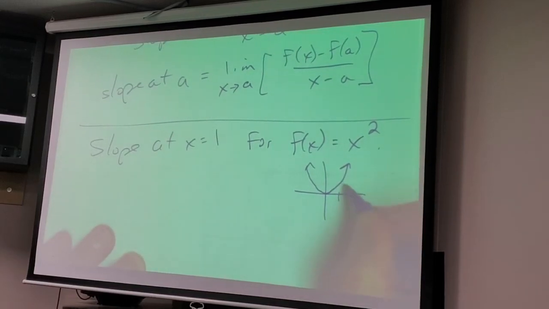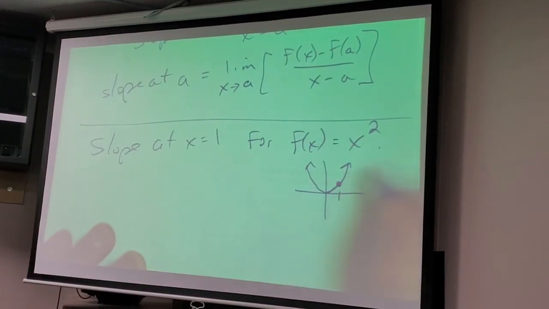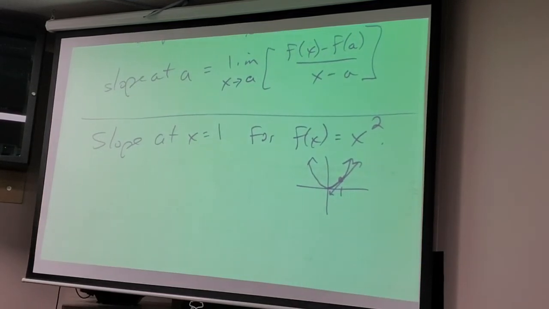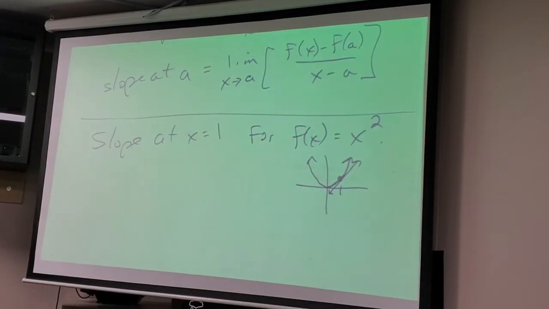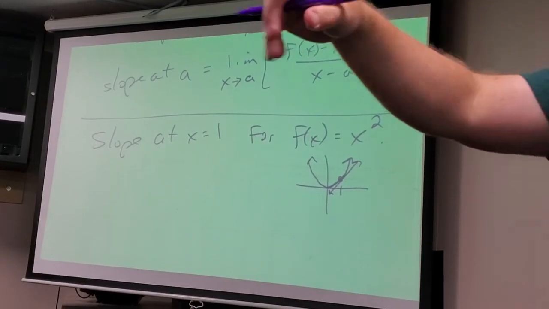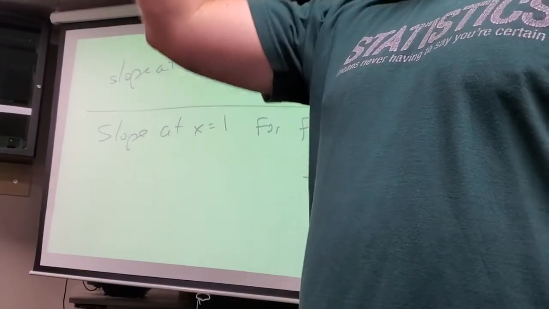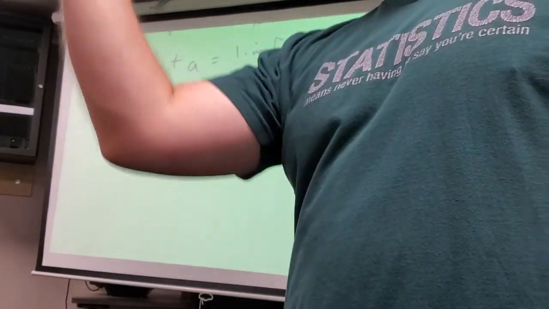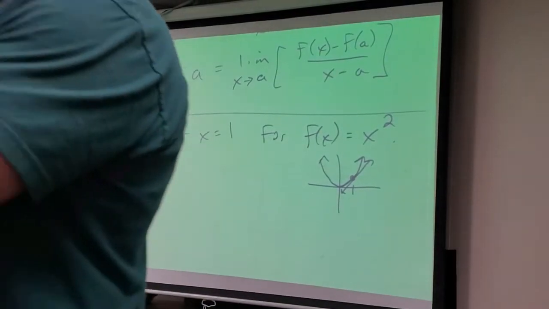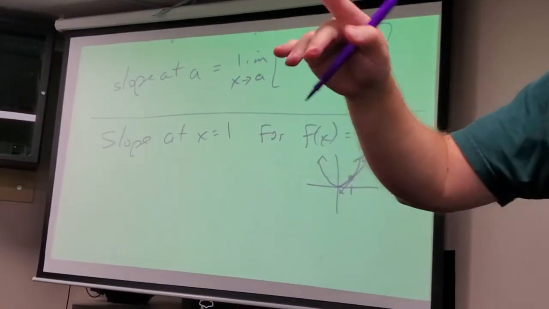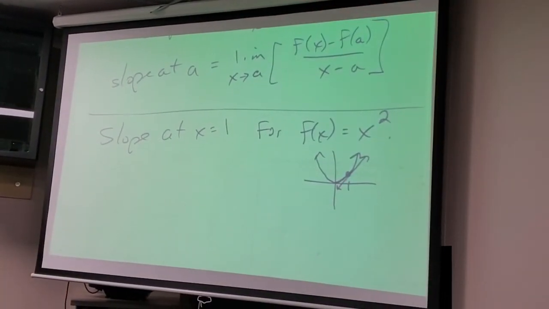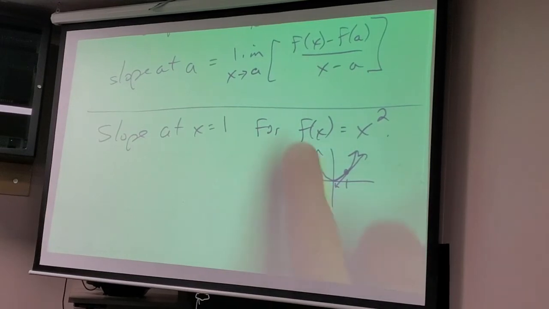So I want to know this slope right here. Now tell me something about that slope. Anything. It's positive, so it's not 0. It's not crazy big, but it's not stupid small either. It's about 1, sort of, almost, but it's on the order of 1, especially the way I've drawn my poor little parabola. That's just a rough sketch.